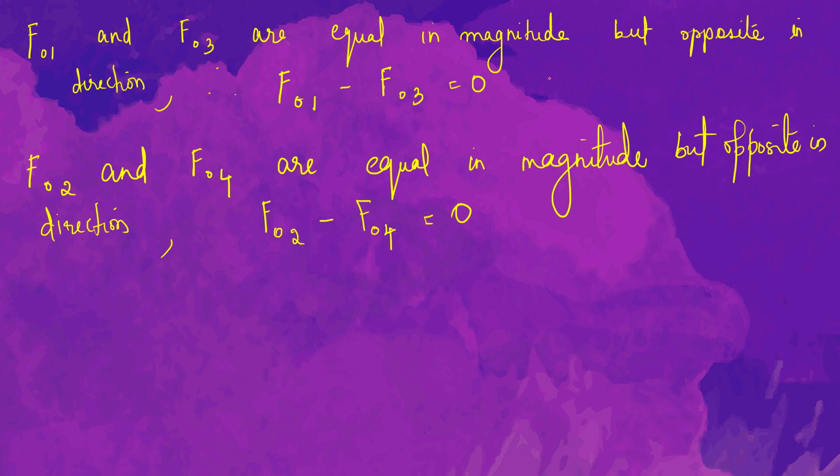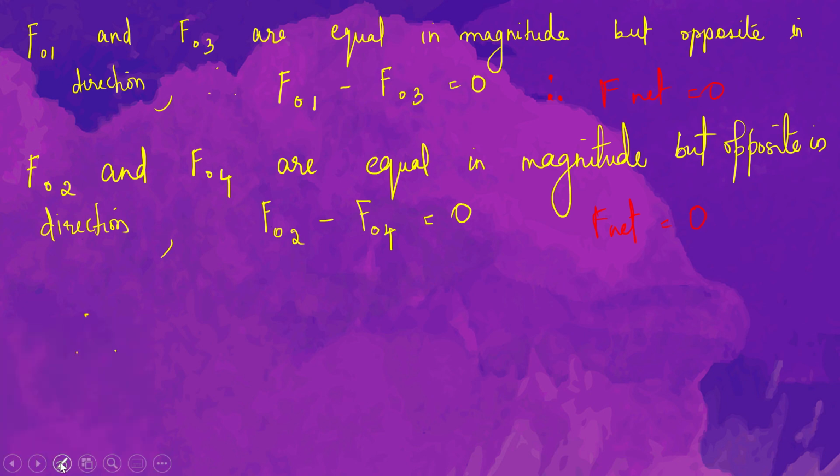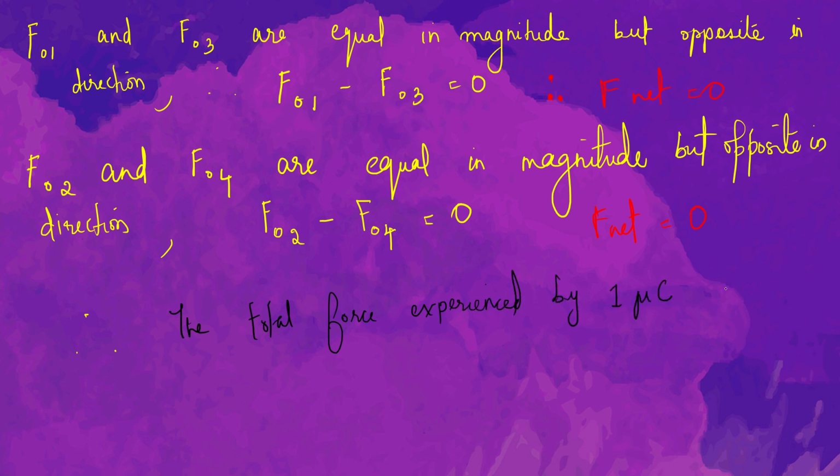So what is the total force F net here? F net is 0, F net here also 0. So what can we conclude? We can say that therefore the total force experienced by 1 microcoulomb is equal to 0 Newton.